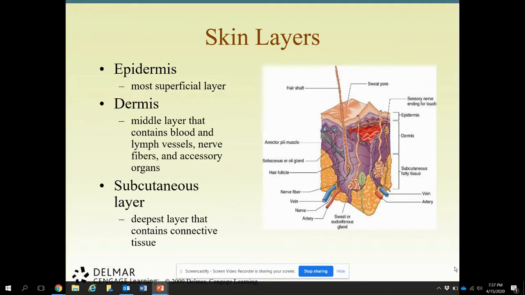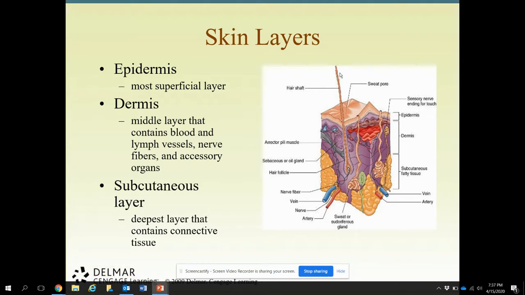Here is a picture, a diagram. So you have the epidermis, I said the most superficial layer at the top there, over here. And then you have the dermis, which is the middle layer, which is right here. It contains the blood, lymph vessels, nerve fibers, and accessory organs.